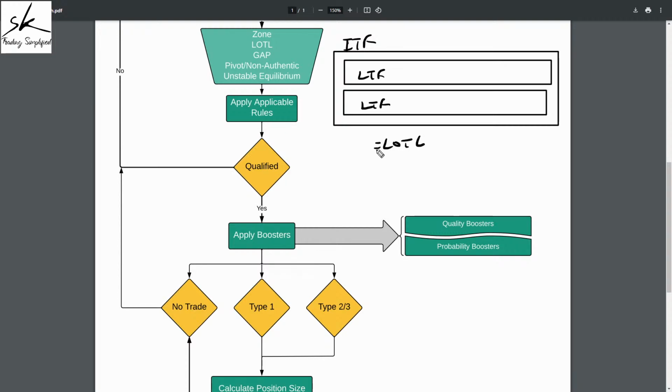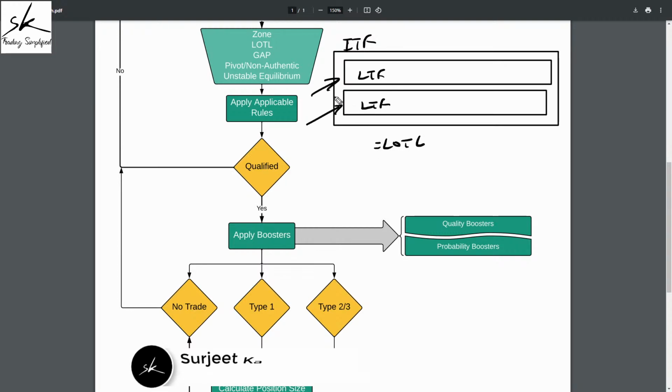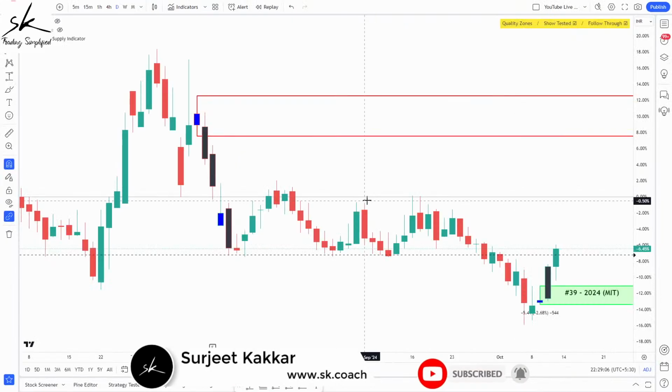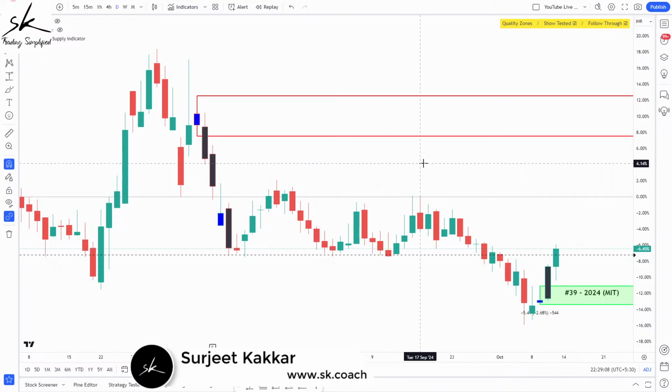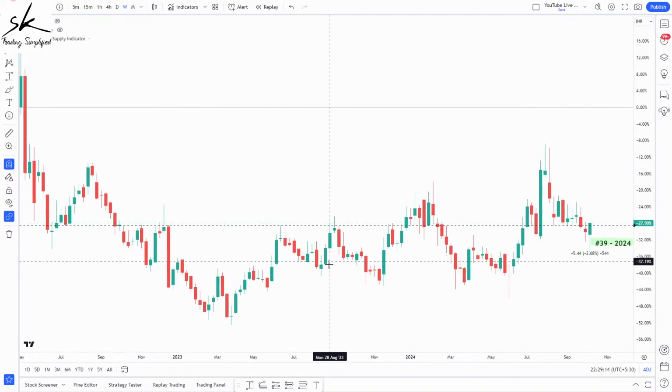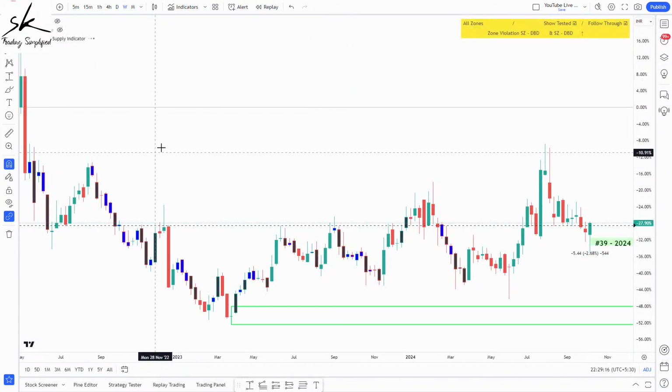So what we understand is that to be a case of level on top of level, my lower time frame zone has to be inside the intermediate, which we call a coinciding level. So if you have a coinciding level, you might have a case of level on top of level. But if you don't have a coinciding level, you cannot have a case of level on top of level. So let's verify the zone we have identified. Does it coincide with any intermediate time frame zone?